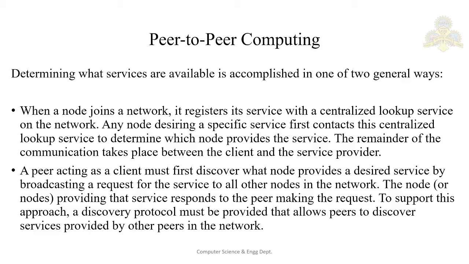The tasks handled by the node are maintained in a centralized lookup service. Any node that wants a specific service first contacts this lookup, and from it can determine which node provides the service. The remainder of the communication takes place between the client and the service provider.